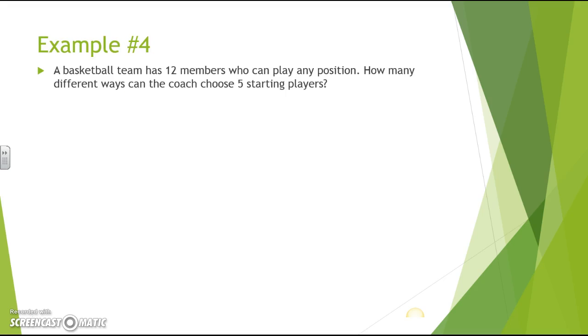It says a basketball team has 12 members who can play any position. How many different ways can the coach choose 5 starting players? So again, this is a combination.